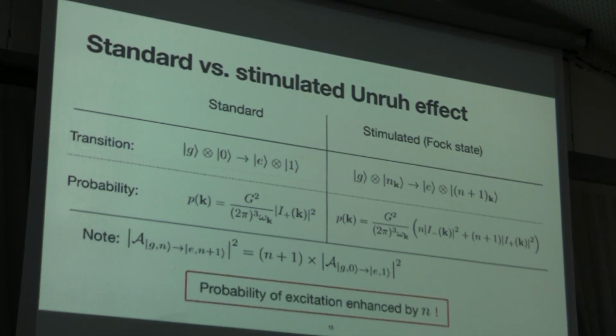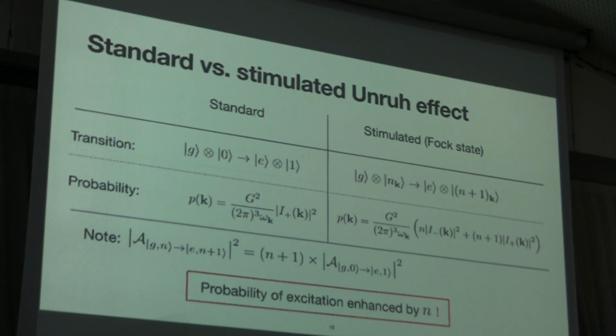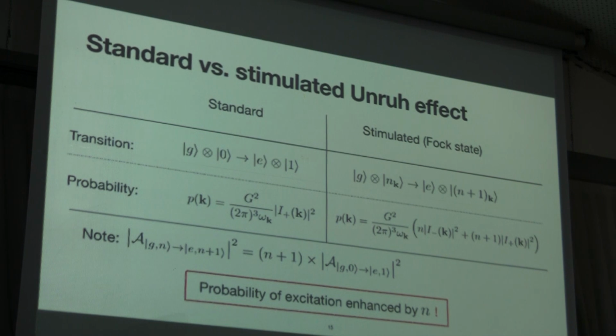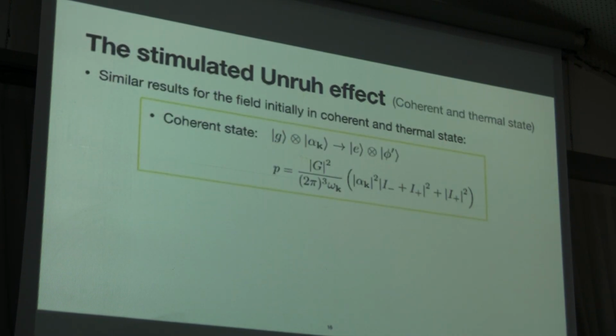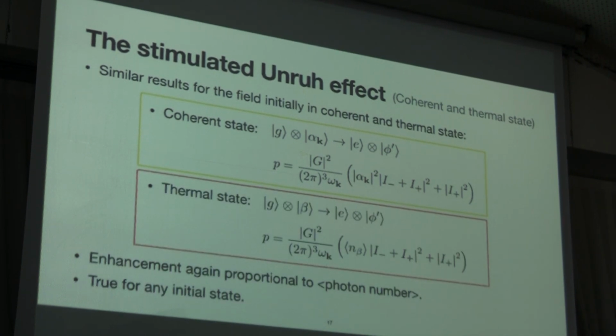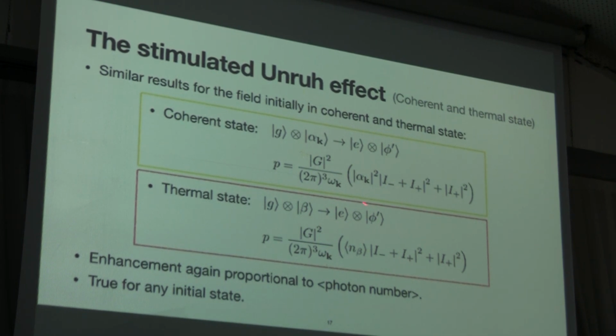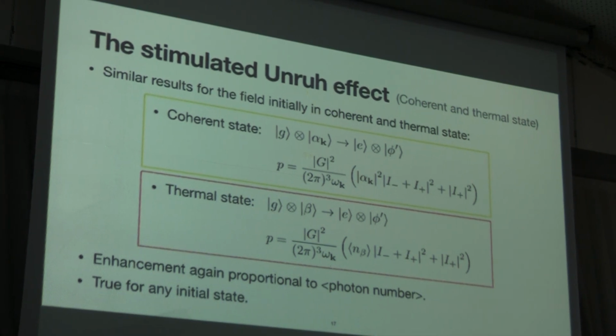Namely, the probability for the Unruh effect gets enhanced by n, where n is the number of photons in the field. I mentioned that the Fock state is not important, so here I just show it. If you do a similar computation for a coherent state or a thermal state, you get again enhancement by the expected number of photons in the field.